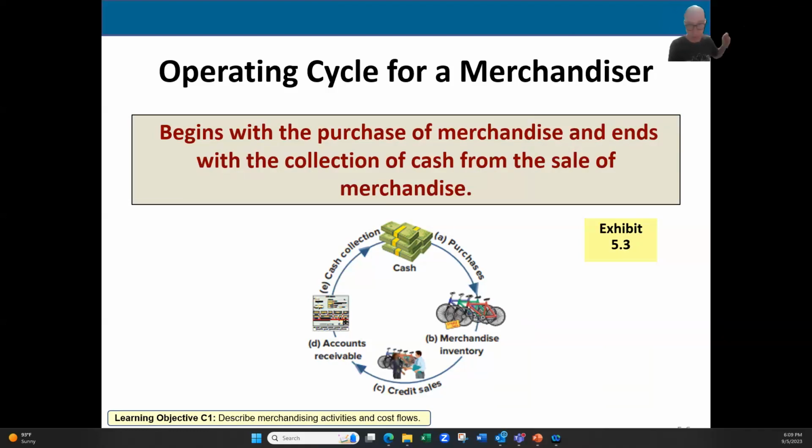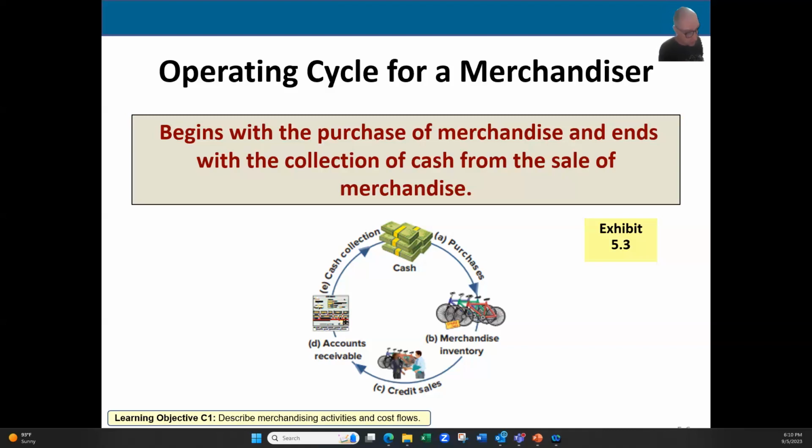The retailer uses cash to purchase their inventory. Once the inventory is received, they sell that inventory to their customers, either on cash or accounts receivable, as well as credit sales.